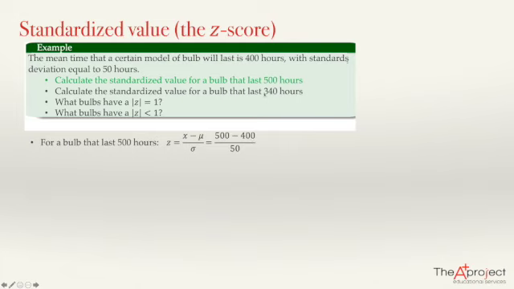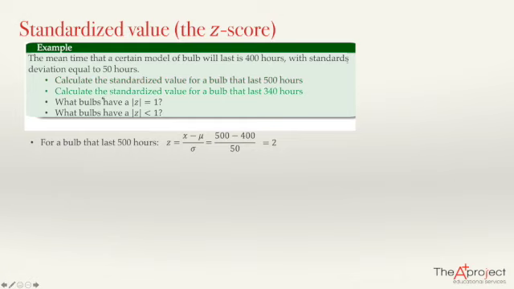This 400 is the mean that is in the information of the problem, and this 50 is the standard deviation, that is also in the information. So if you do that using your calculator, the answer is 2. So for each bulb that lasts 500 hours, the z-score will be 2.